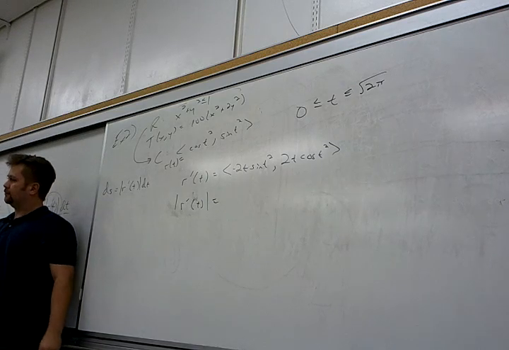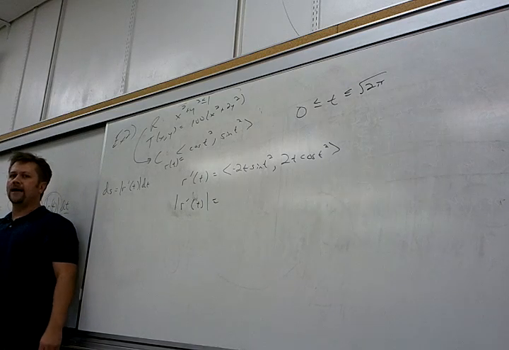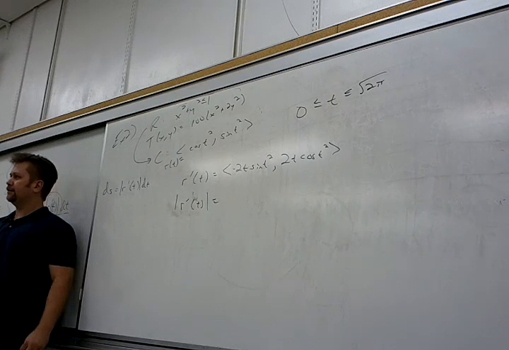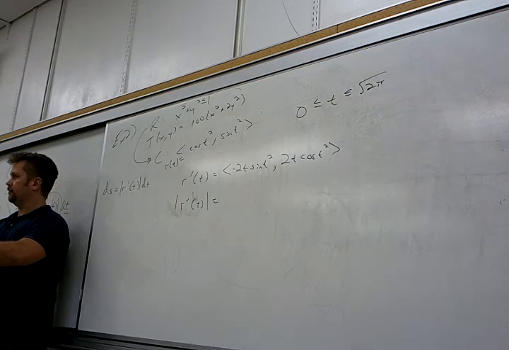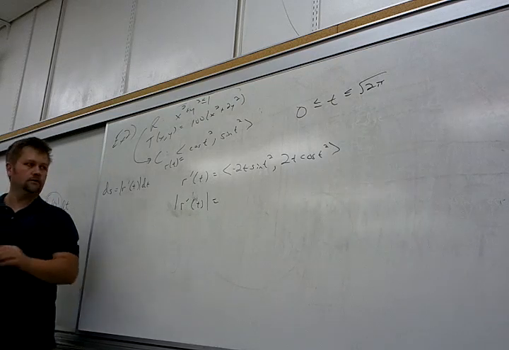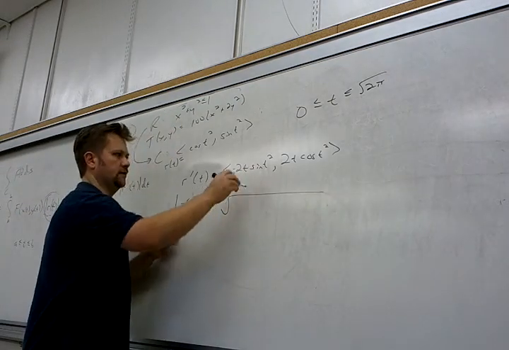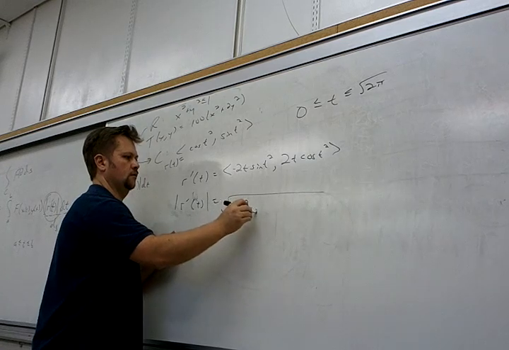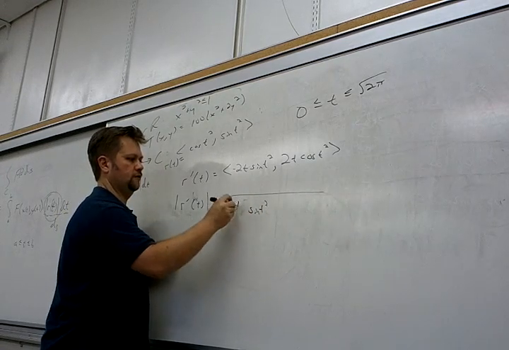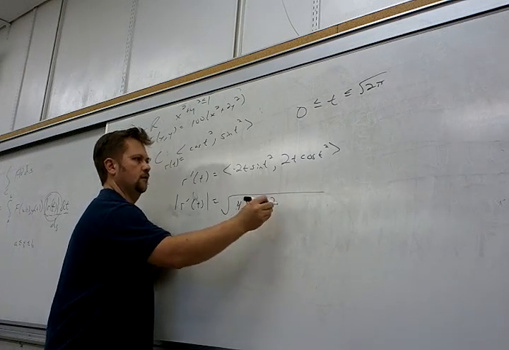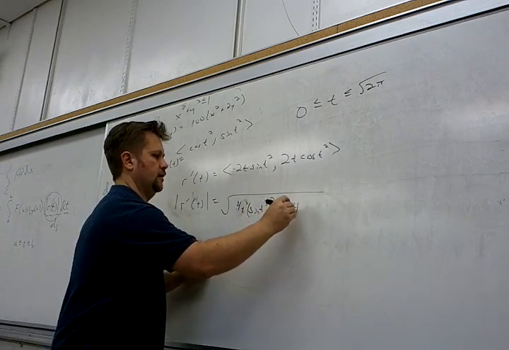So what's the magnitude of this thing? And this is a good little review. To find the magnitude of anything written like a vector is easy. You just square root the squares of the pieces, right? Pythagorean theorem. So square root of 4t squared plus this thing squared.